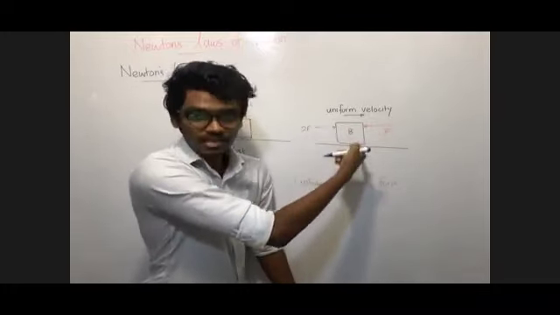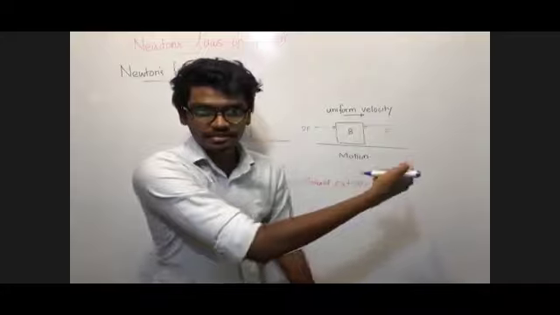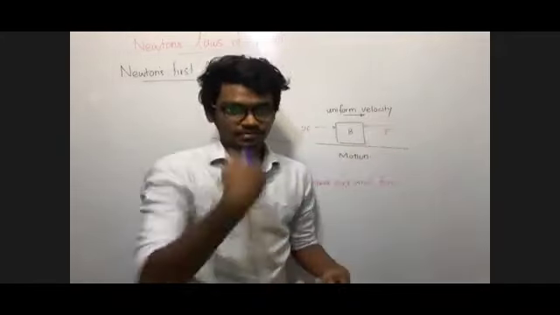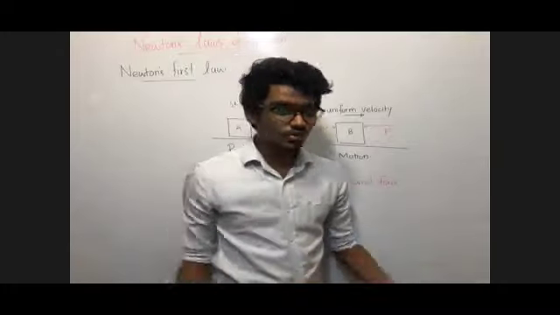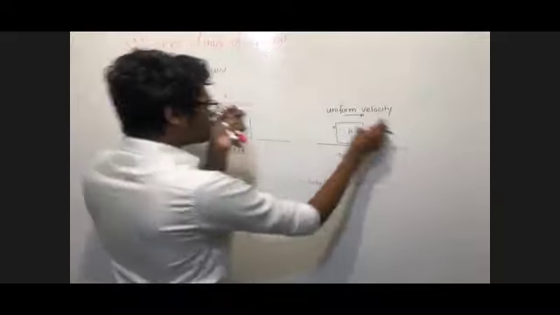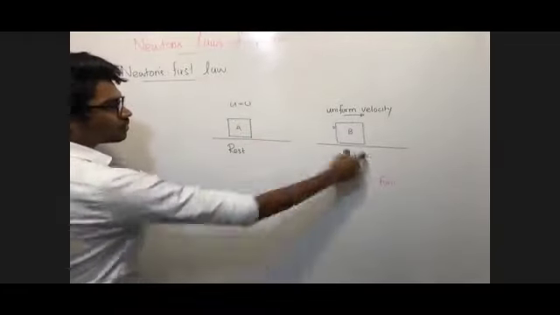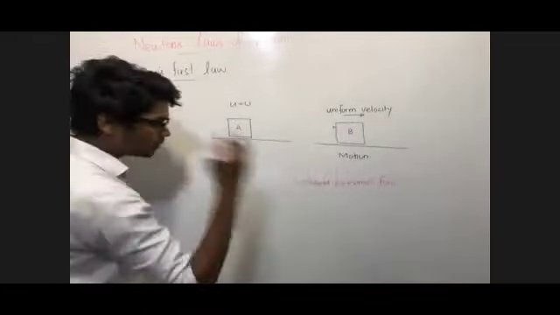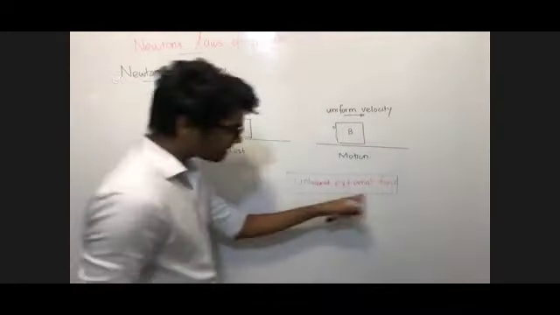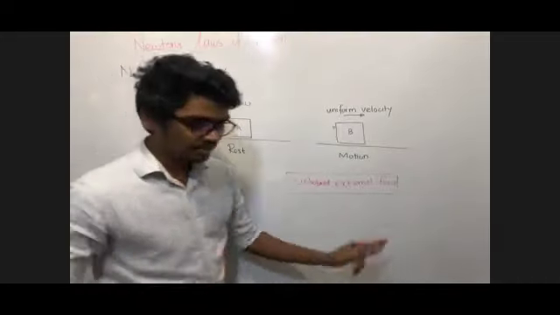Unbalanced, which means the state of the motion will change. Uniform velocity will change, state change. So simply, if you need to change the state of these objects, you need to apply an unbalanced external force. This is the simple story.